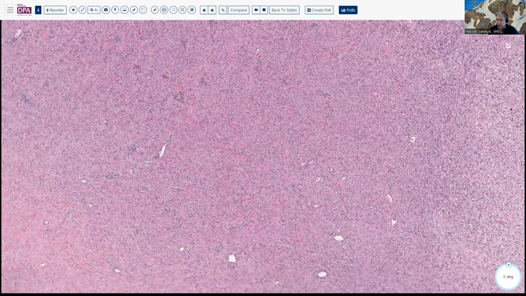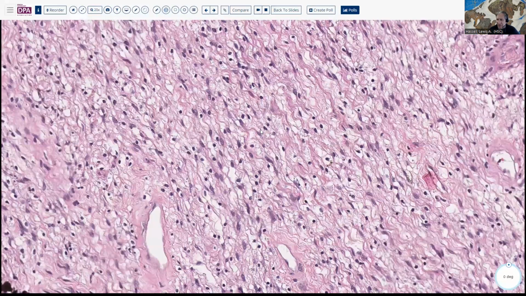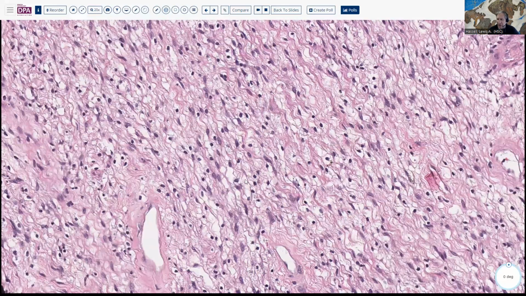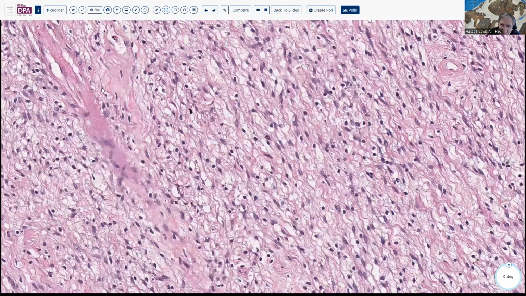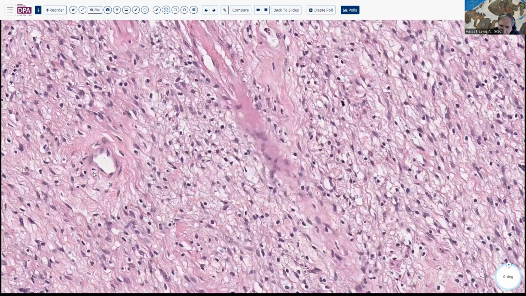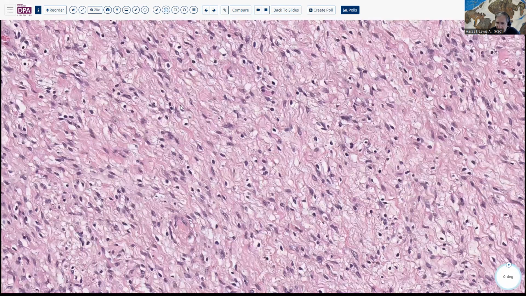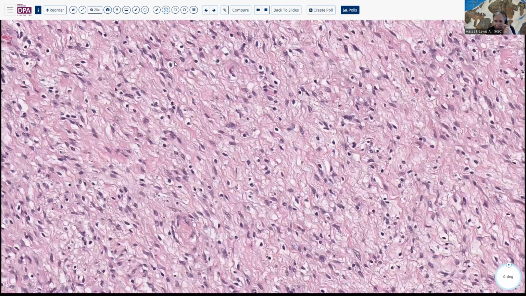Here's the less cellular area. Fibrillar background, not a collagenous background, a very fibrillar background, as you can see here. And now this may have a few admixed mast cells as well. I don't see a whole lot here, however. Some of these single cells may be mast cells.